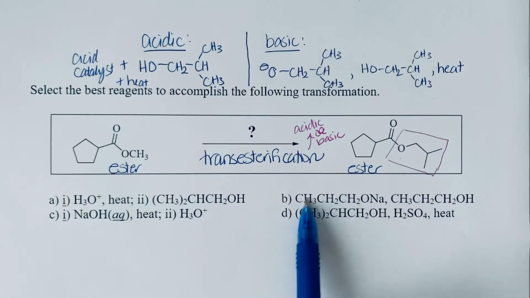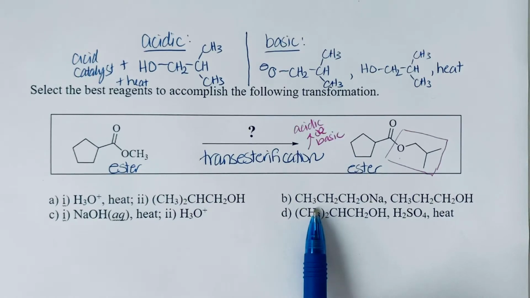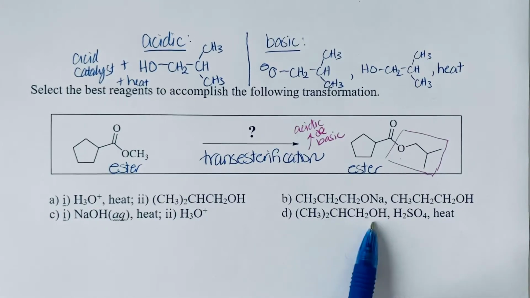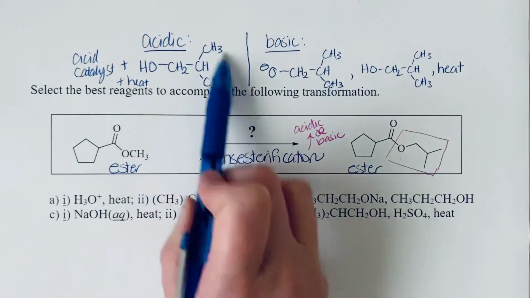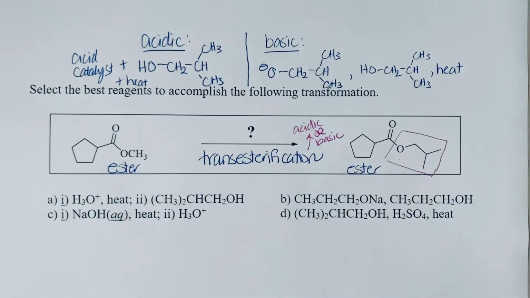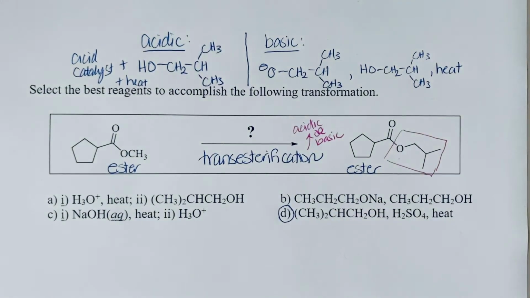In B, you've got an alkoxide and alcohol, but you don't have heat, and that's not the right alkoxide. It doesn't have the right bonding. If we look at D, we do have the alcohol that we're looking for, the same as our structure up here. Sulfuric acid is a common strong acid catalyst, and we are heating that up. So the right answer here is D.